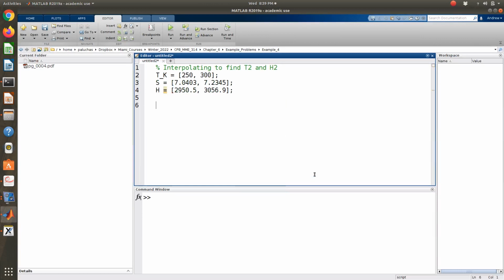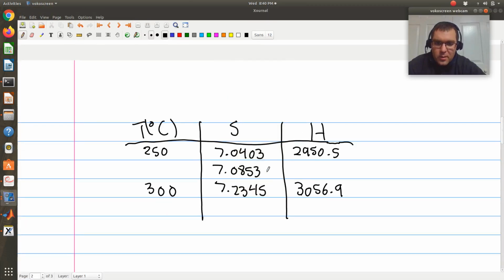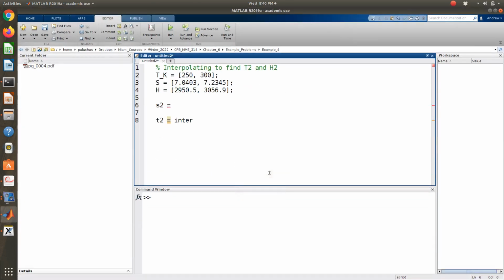Okay, got them. So let me interpolate to find T2. I've got to record S2, because that's going to be the known value we're using to interpolate: 7.0853. So I'm going to use MATLAB's built-in linear interpolation function.